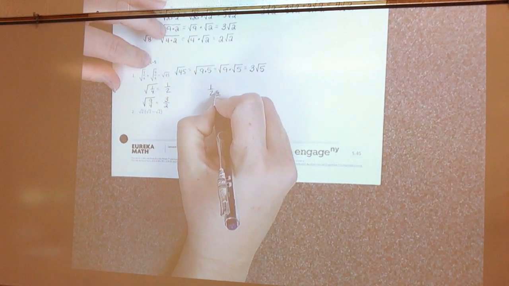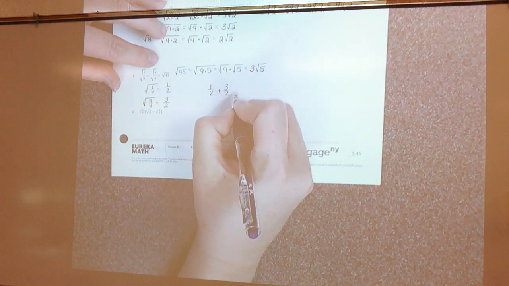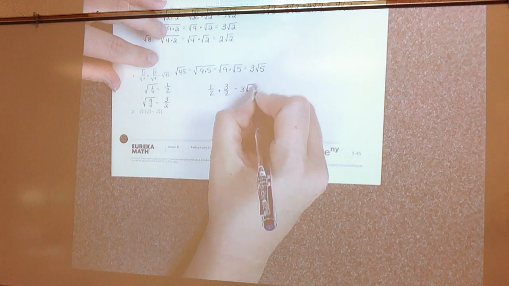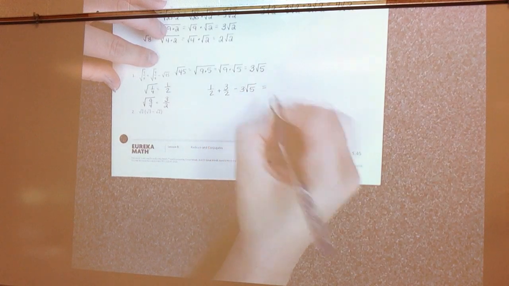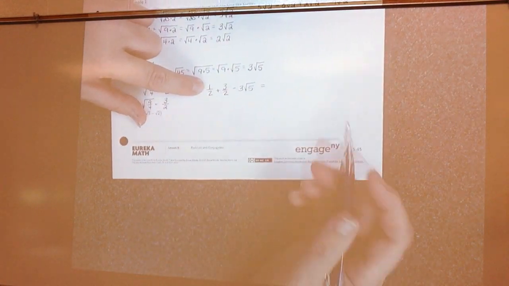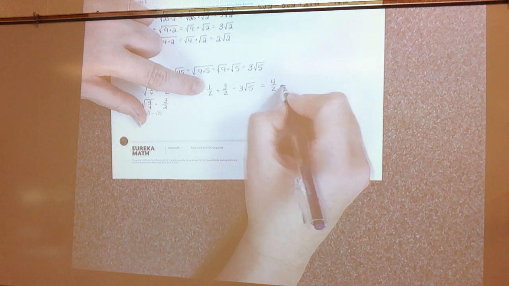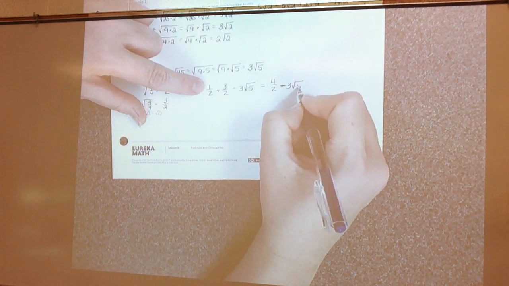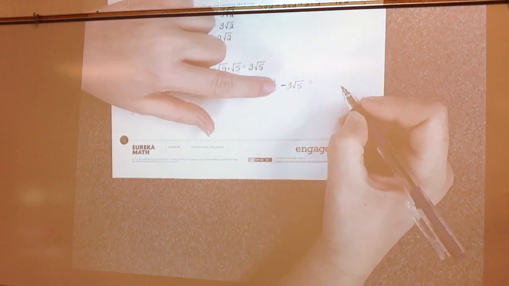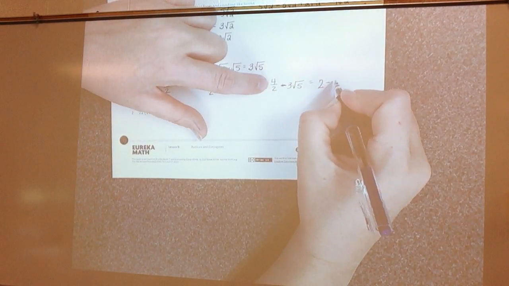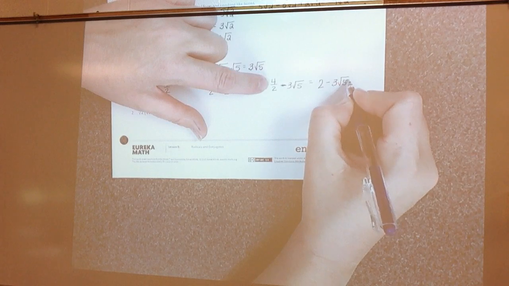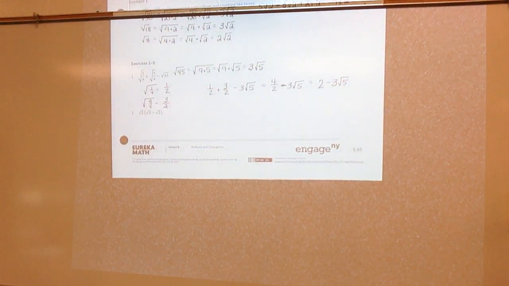So 1/2 plus 3/2 minus 3 square root of 5. 1/2 plus 3/2 is 4/2 minus 3 square root of 5. 4 divided by 2 is 2, minus 3 square root of 5. Okay?